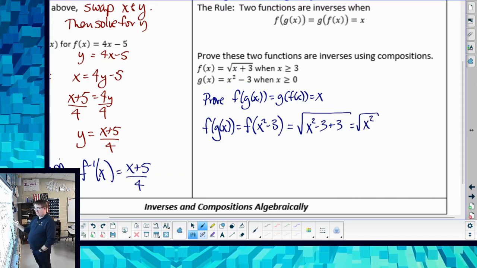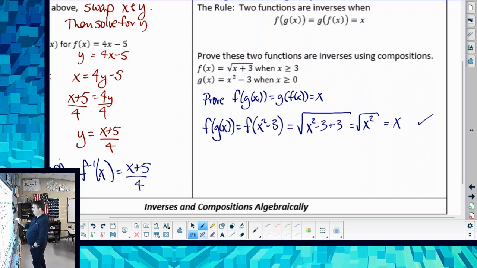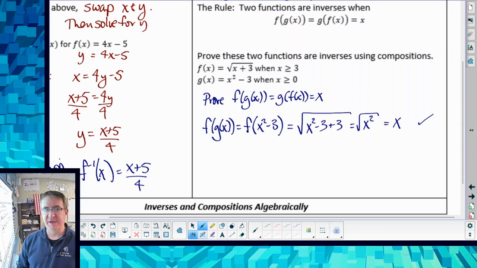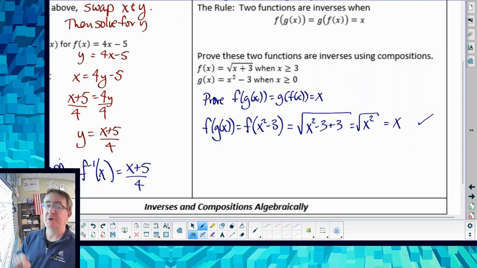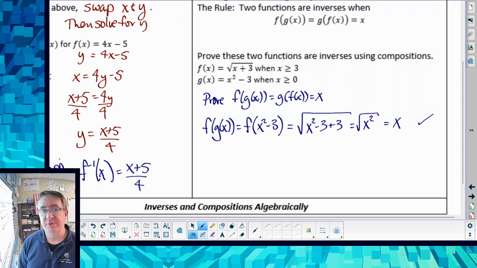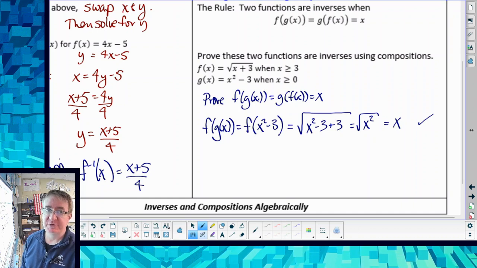So the 3's go away. The square root of x squared is just going to turn out to be x. Check. Now some people say, wow, that seems really straightforward and simple. Do I really have to do it? And the answer is yes, because remember, we're building skills here. We don't want to do things both hard and trying to learn the skills at the same time.